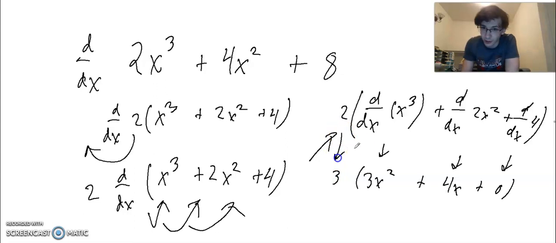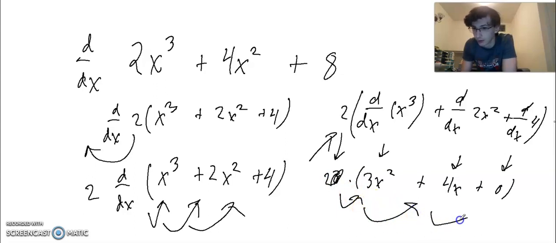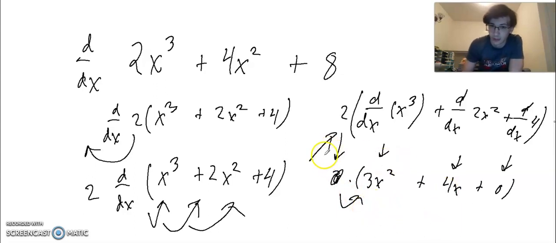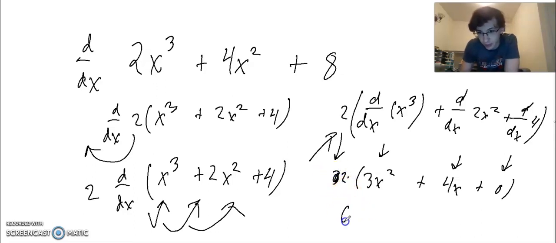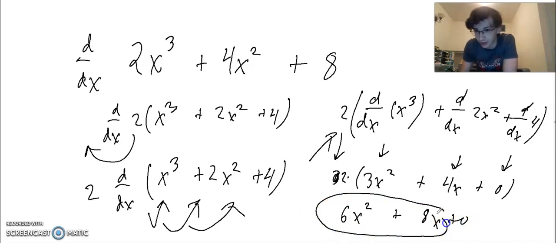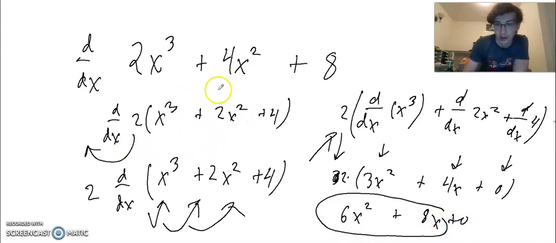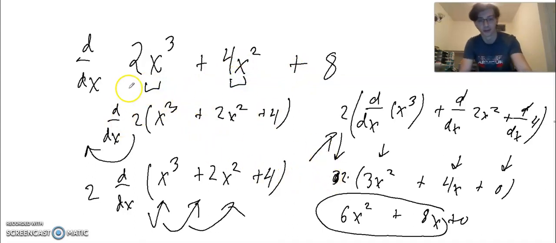And we still have our 2 from the beginning, so then we distribute our 2. We get 6x squared plus 8x plus 0. So that's our final answer. And just to make sure, we look back, see if it makes sense, and it does.